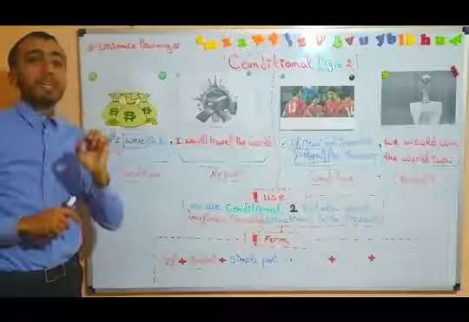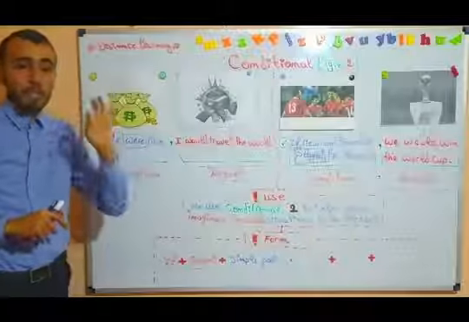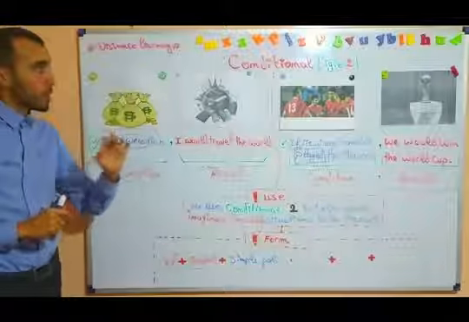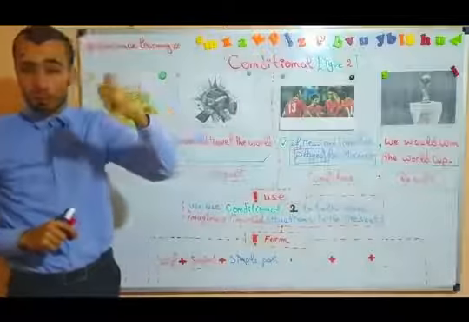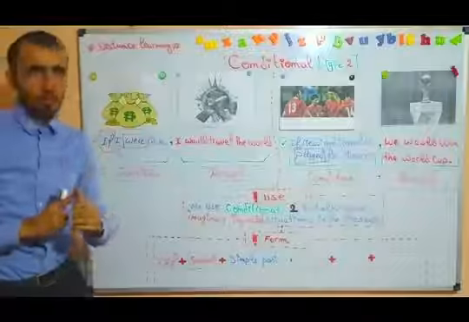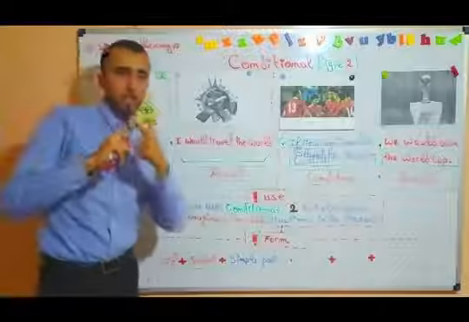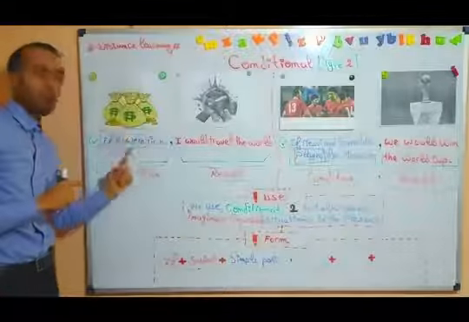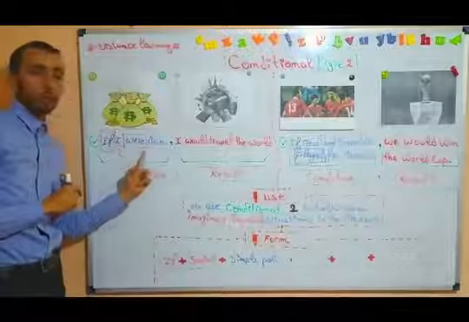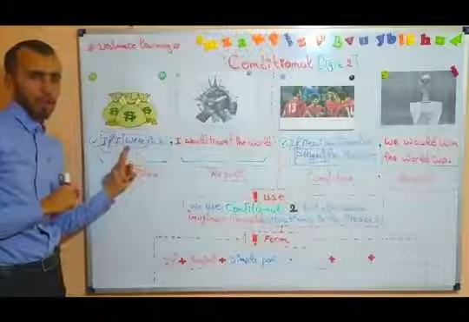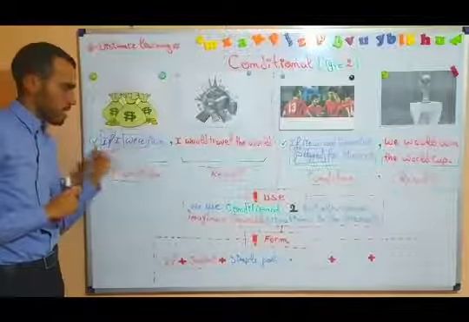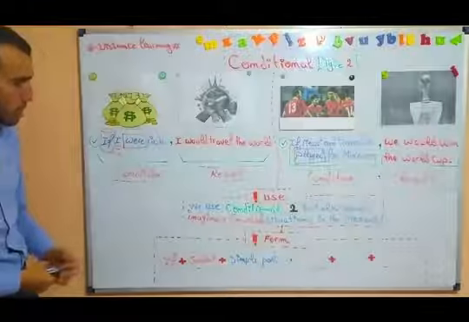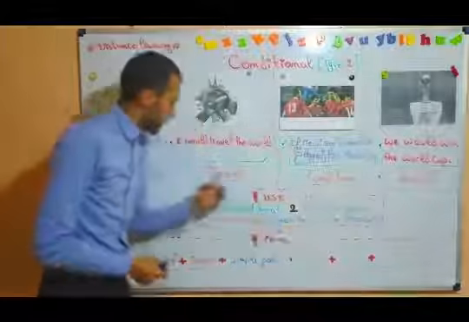But remember, it is an exception for conditional sentences and wishes, present wishes. You remember last time's video? Present wishes and conditional sentences. All pronouns are used with were, all of them. So I, he, she, and it were and not was. Okay? So, let's have a look at the second part now.